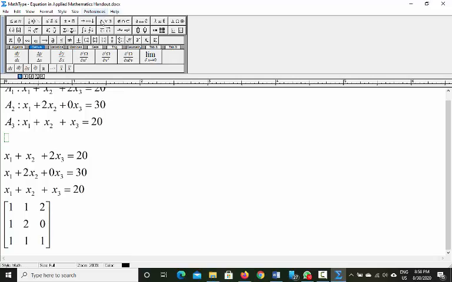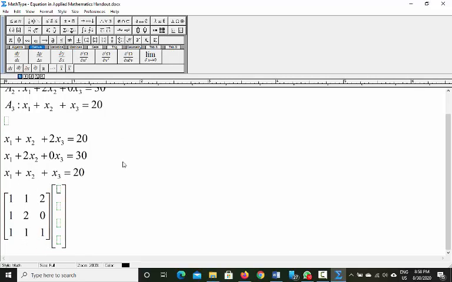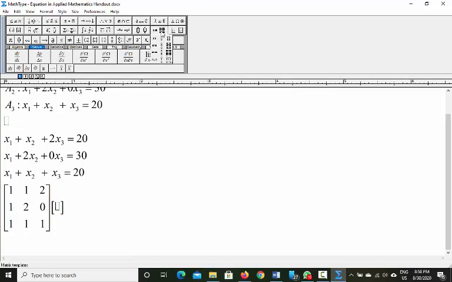So that's why we need to write these variables serially. We will write it this way: x1, x2 and x3.